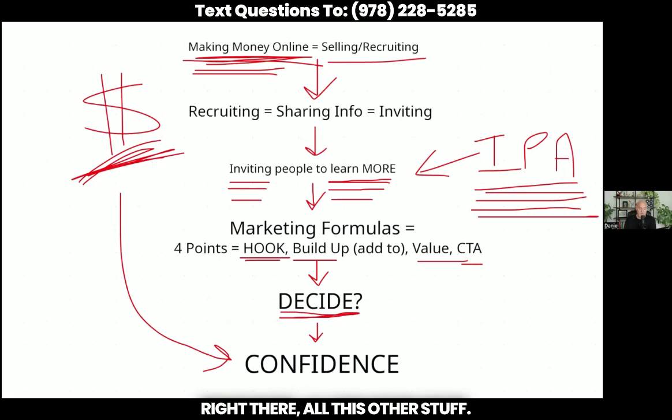So what you could really do if you want to succeed online, if you want to make money from home, if you want to have a successful network marketing business, if you want to create passive residual income, all the cool catchphrases that you could possibly think of, if you want to do that stuff, you need this.